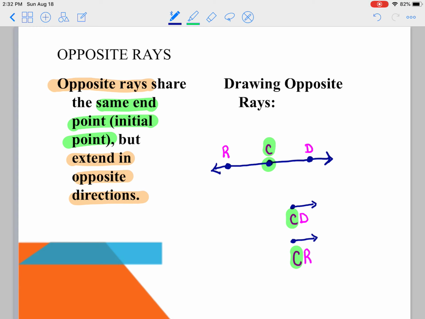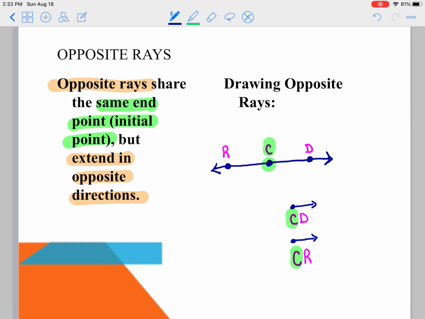So in this case, I now have opposite rays. My two opposite rays share the endpoint of C. The first one I called ray CD, and it moves to the right in this case. And now I also have the opposite ray to CD called CR, moving in the opposite direction.